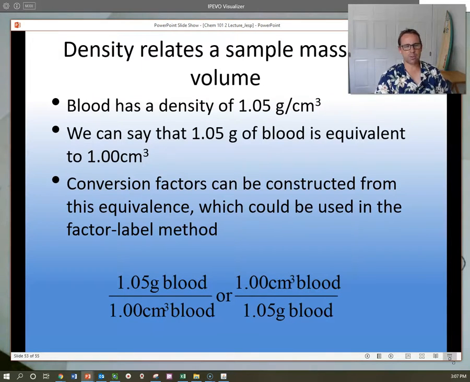So here's an example of how the density of blood, 1.05 grams for every 1.00 centimeter cubed or milliliter. Or we could write it the other way again, 1.00 centimeter cubed of blood for every 1.05 gram of blood. Those are different conversion factors that you can get from the density.